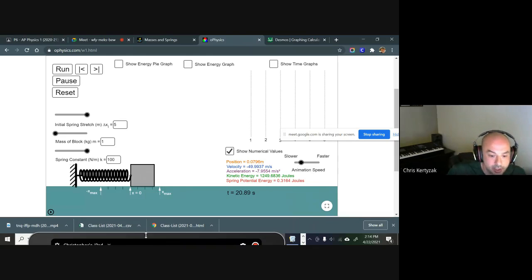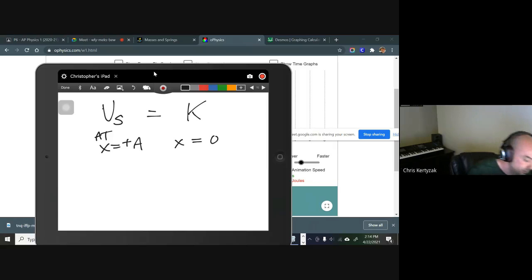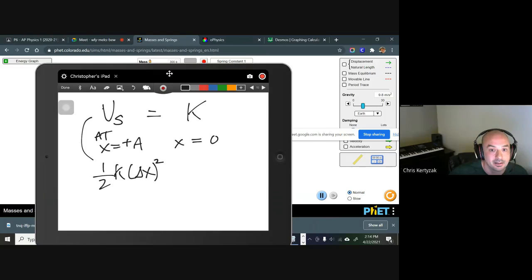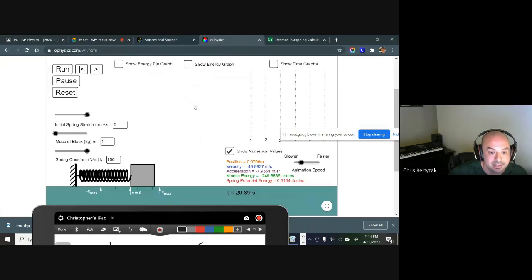So all the potential energy becomes kinetic energy. So let's just see what we get. We get 1/2 k delta x squared, where delta x is the distance from 0 to wherever it is. So if it was like this, delta x would be the distance from here to here, but negative.